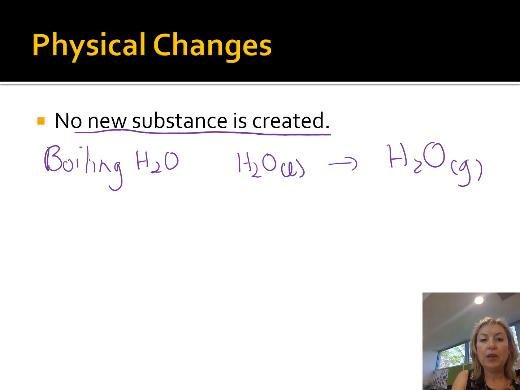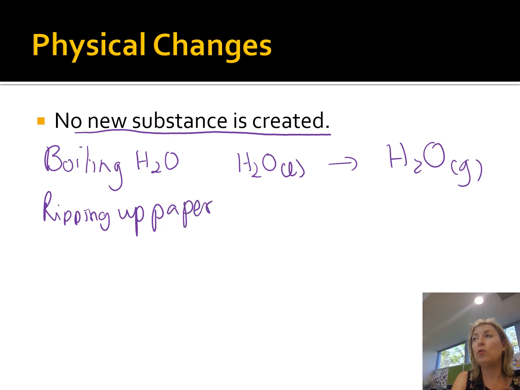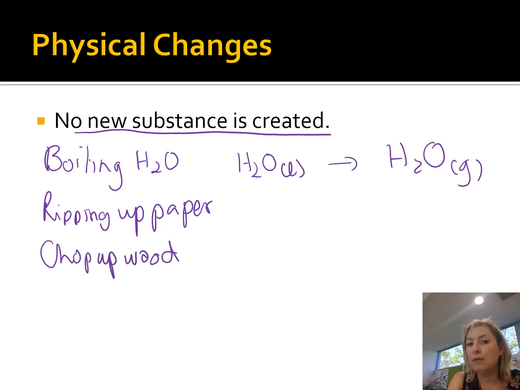Another type of physical change is ripping up paper. When you rip up paper, it's still paper. It's just smaller pieces of paper. Another example is when your parents possibly chop up wood. It's still wood, it's just smaller pieces.